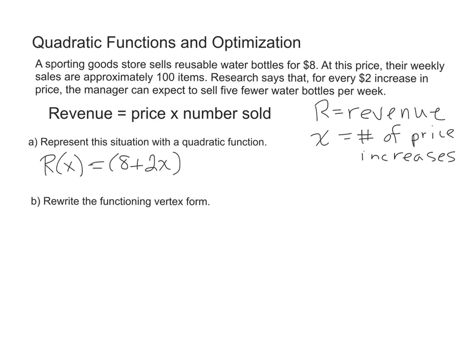That represents the price. $8 that it is now, plus $2 for every price increase. And then it's multiplied by the number sold. Well, how many have they sold? 100. And what happens to the number as you increase the price? It goes down by 5. 5 for each price increase.